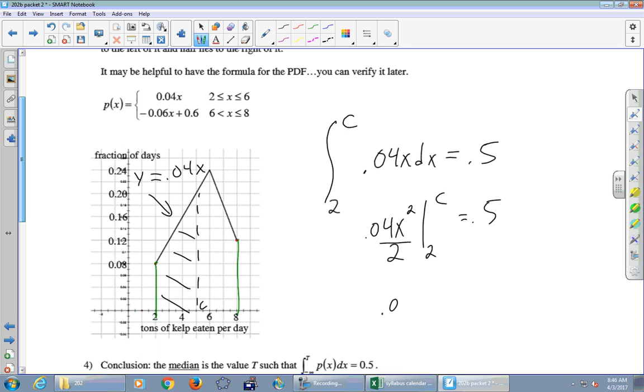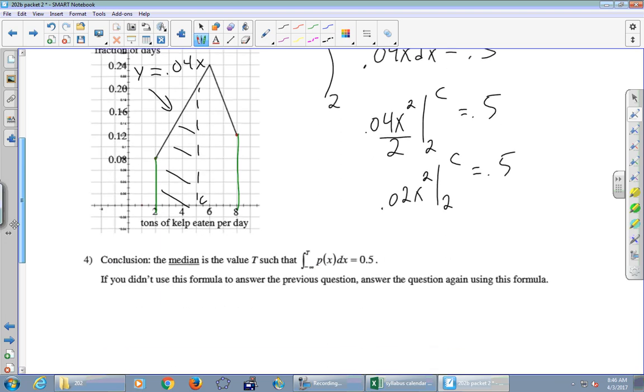Let's see, that's a 0.02 x squared from 2 to C. And then it's not so hard to finish. So it's a 0.02, plug in the C, and then plug in the 2, and make it equal to half. So that's a 4. 4 times 0.02 is 0.08.